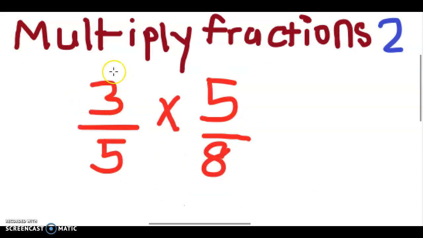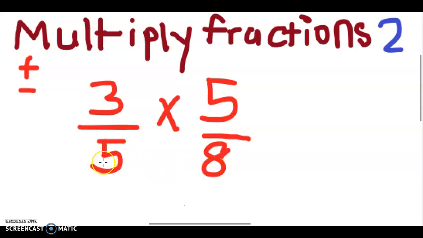Okay, here we have multiplication of fractions. Rule number 1: the denominators do not need to be the same in multiplication of fractions, only in addition or subtraction of fractions. In this case, we have 3 over 5 times 5 over 8. Before we multiply the numerators and the denominators, we are going to simplify the fractions. 3 over 5 cannot be simplified. 5 over 8 cannot be simplified.